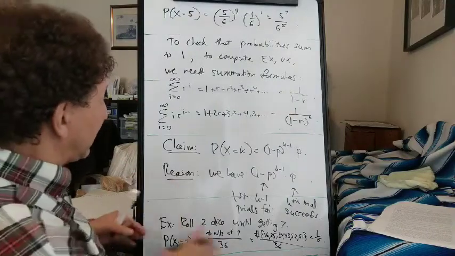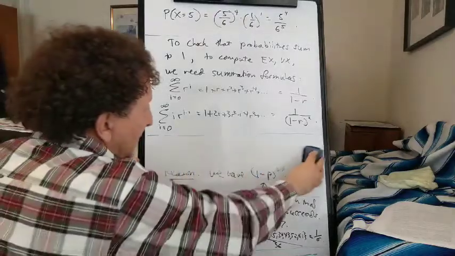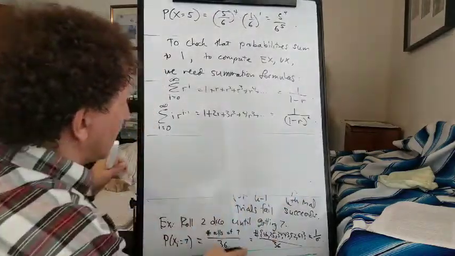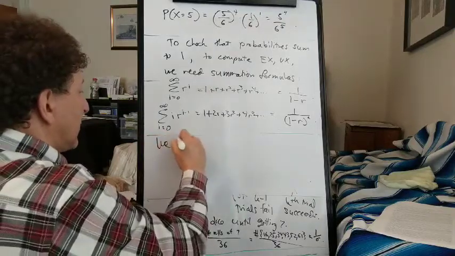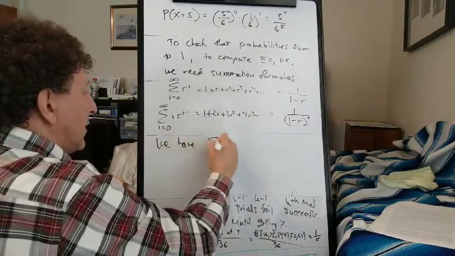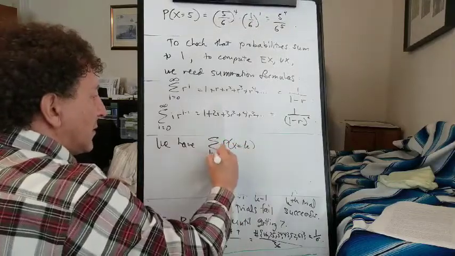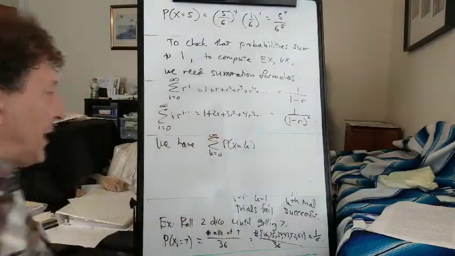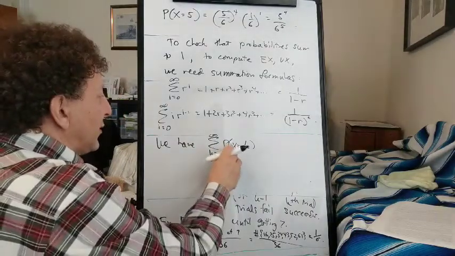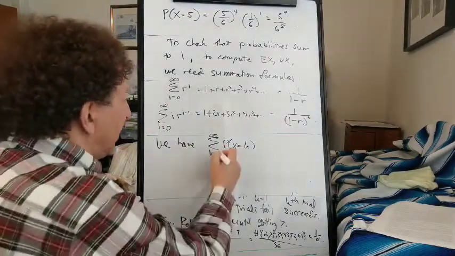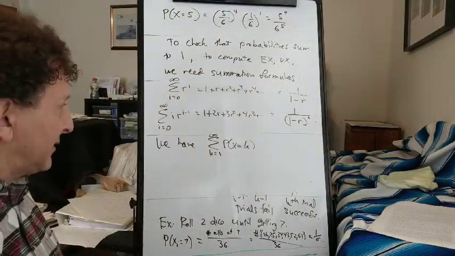Alright, so using these, let's look at the sum of the probabilities. If we add up the probability that it takes, I guess we can't have 0 trials. 1 trial is the lowest number of trials we can take to get a success.